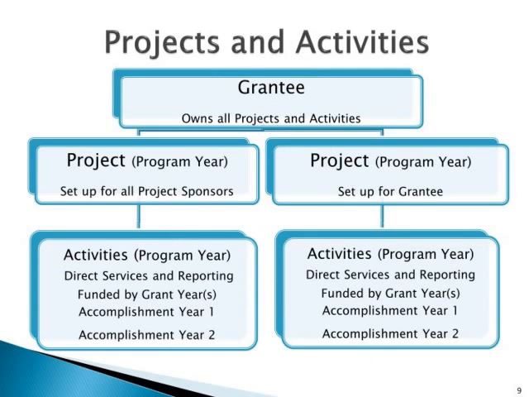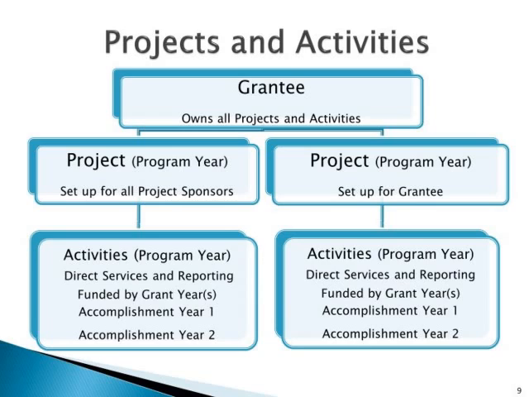Putting it all together, visually, the structure looks like this. The grantee owns all projects and activities in the system. In this way, the system can tell which project sponsors work on behalf of a specific grantee. The grantee will establish a project for itself and one for each of its project sponsors.